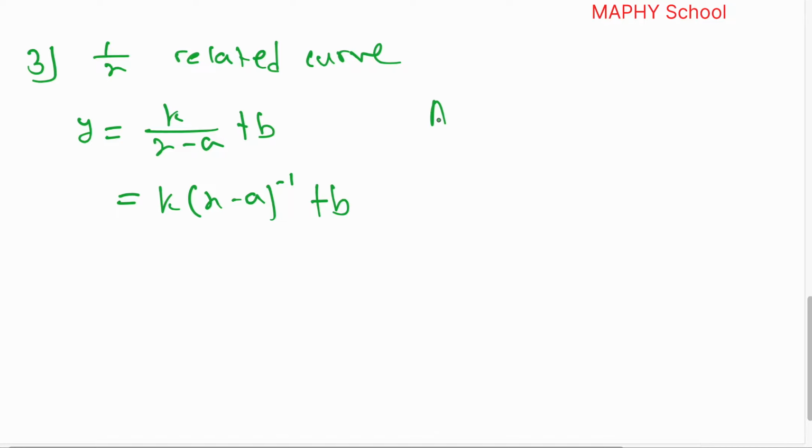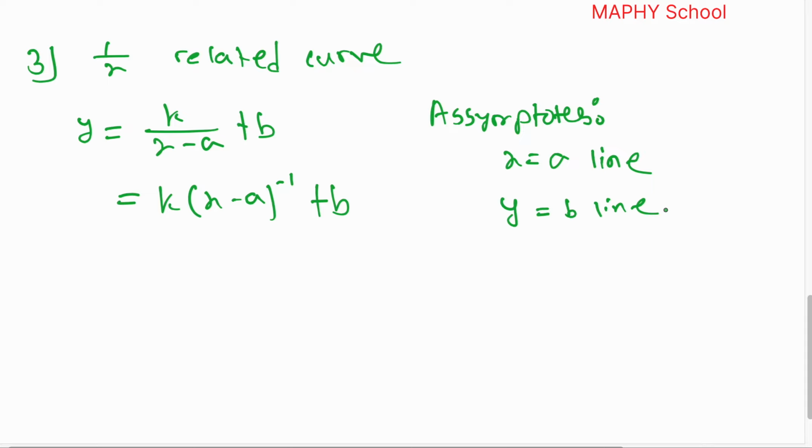Here there is no turning point and no point of inflection, but we get the asymptotes: the line x equals a and the line y equals b. The difference is that an asymptote is a line, not a coordinate.